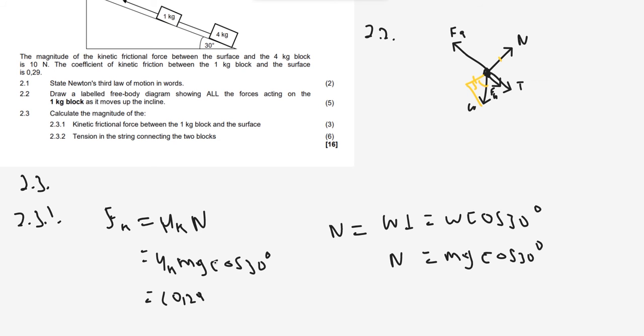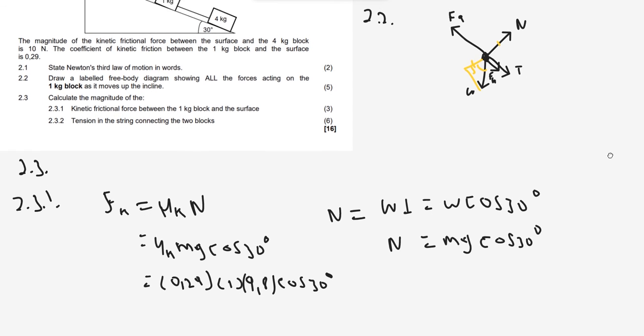We have 0.29 times our mass, which is 1, and g is 9.8, and cos 30 degrees.